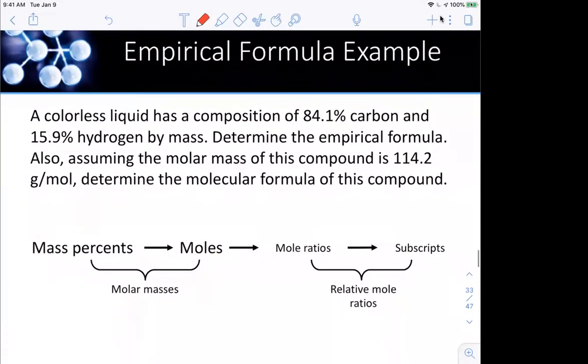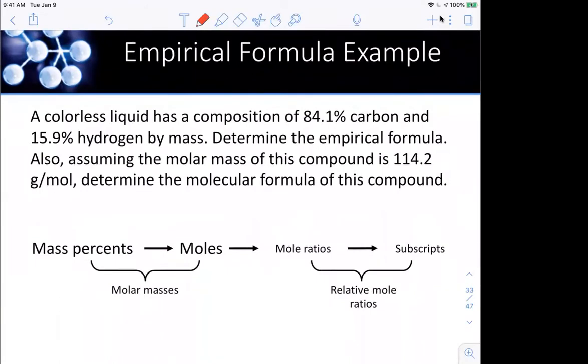So let's do an example, because nothing is better than actually looking at how you do this in an example. And then we'll do a couple of practice problems. So here's the problem. I have a colorless liquid. I know this liquid is 84.1% carbon and 15.9% hydrogen. So I have the percent composition.